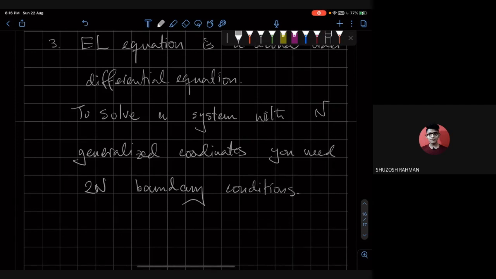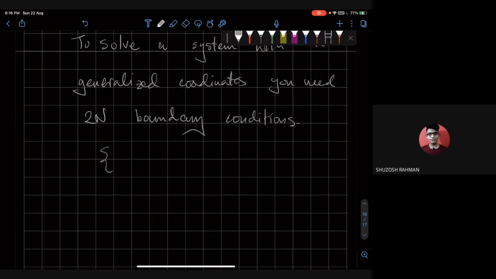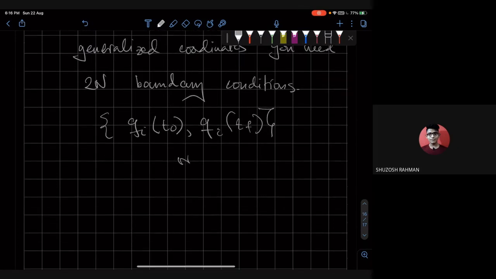And these boundary conditions can be all the coordinates at some initial time t0 and all the coordinates at some final time tf, or it can be the coordinates at t0 and the velocities at t0, just as you expect for Newton's law.